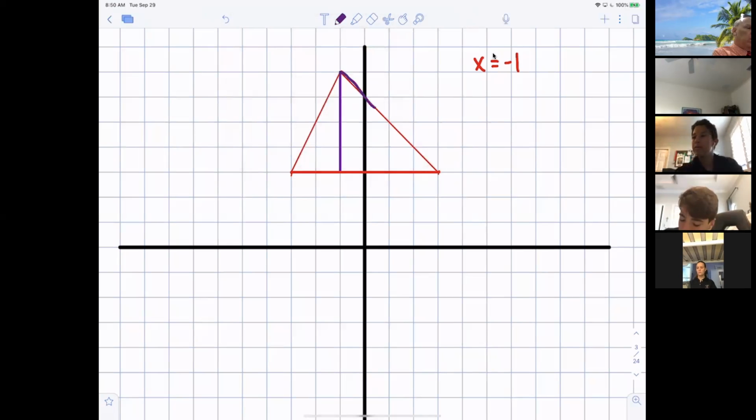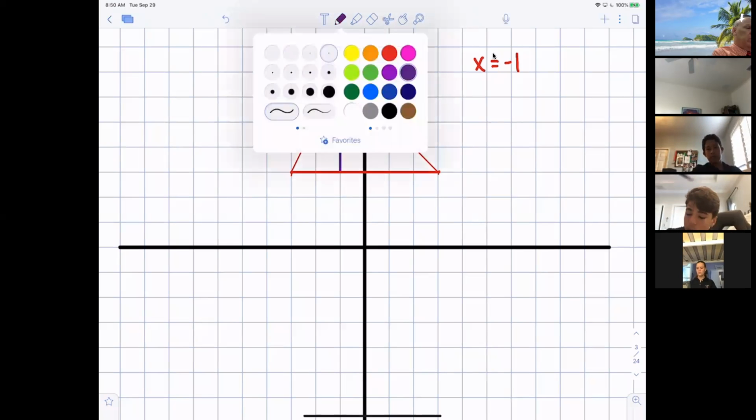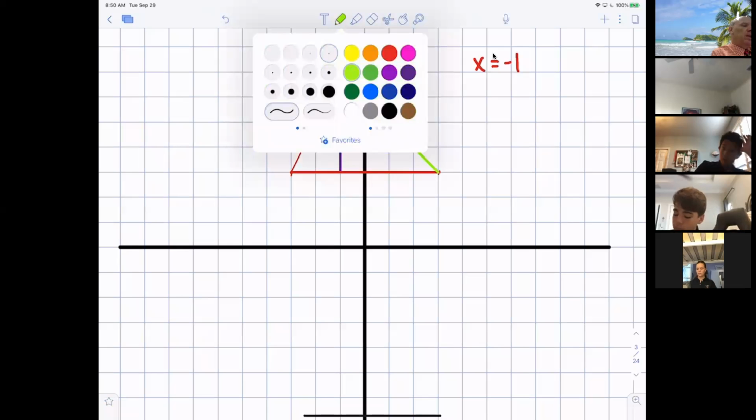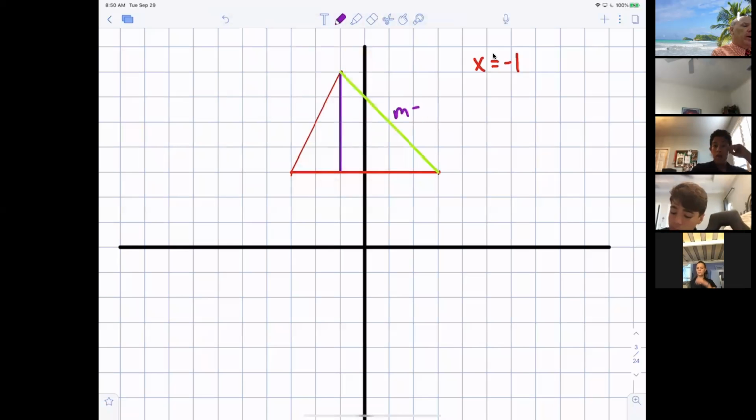I want you to tell me what the slope of that yellow line is. Is it -1? Let's everybody take a look at that. That slope right there is -1.